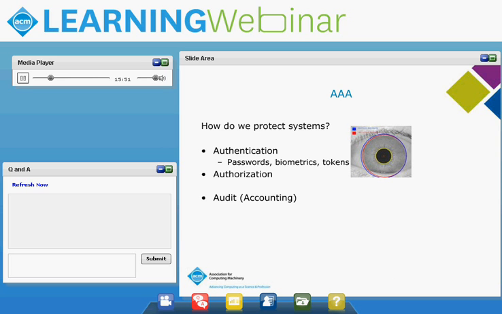The passwords, it's sort of the most common one, but that doesn't really say that you are who you claim to be. All it's telling you is that this person has the password. It's not necessarily that this person is a particular person. Biometrics are another interesting example. In this case, you really are getting down to, yes, this is the person they claim to be.